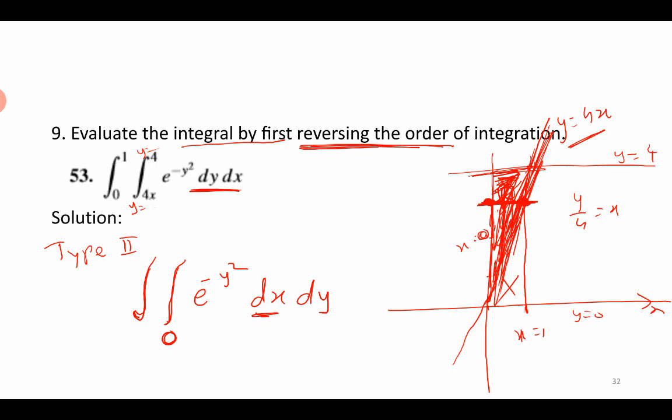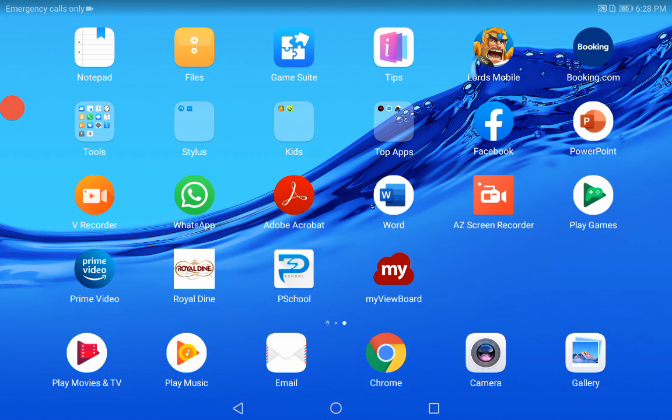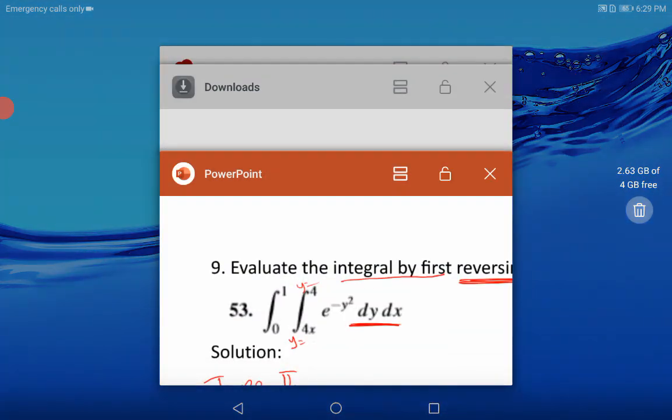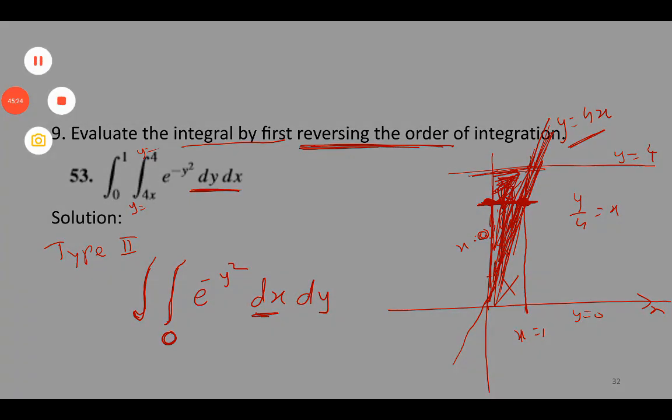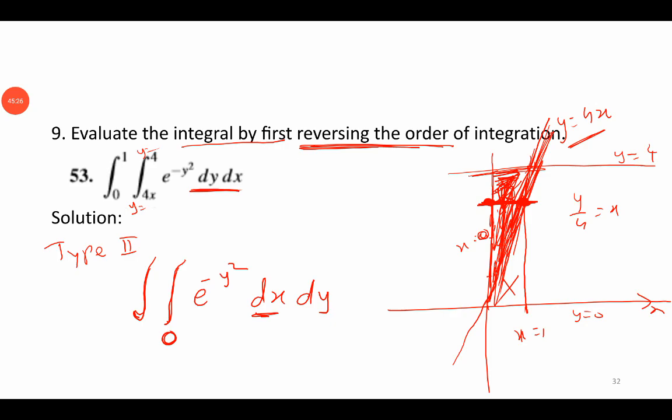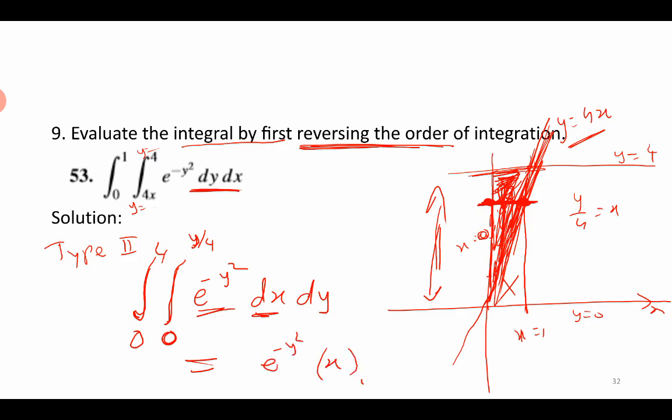So the upper limit is y over 4, and now the entire range of y will be 0 to 4. Integrate it, what do you get? When you integrate, y is constant, so e raised to minus y square x from 0 to y over 4. Now the outer integral 0 to 4 dy.